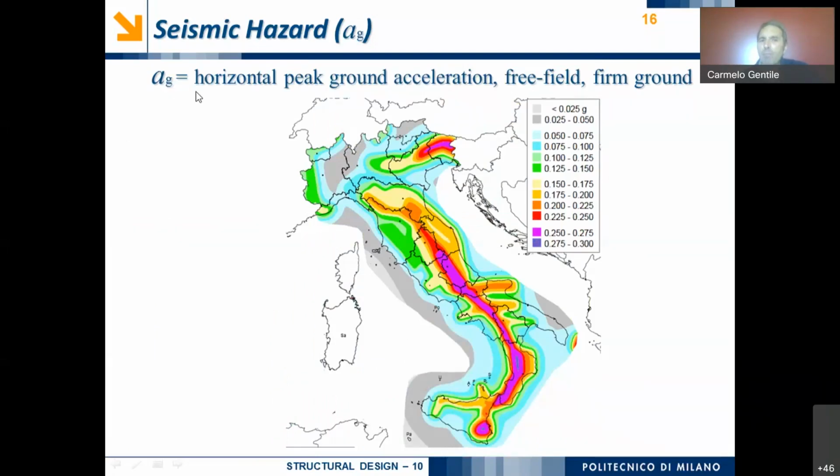The AG is defined as the horizontal peak ground acceleration on free field and firm ground. What does it mean? First of all, of course, it's a peak horizontal acceleration. So it's the maximum acceleration measured or expected at a certain site.